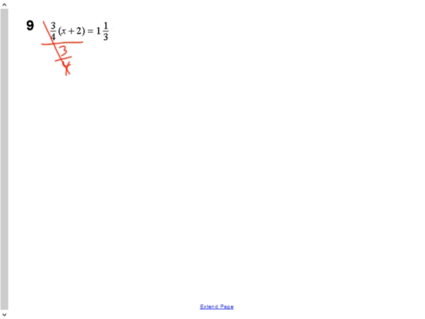Divide by 3/4 and divide by 3/4. And dividing by 3/4 is the same thing, Sierra, as multiplying by what? 4/3. So x plus 2 is equal to the product of 1 1/3 times 4/3, or the product of 4/3 by 4/3, which is 16/9, which is 1 7/9.